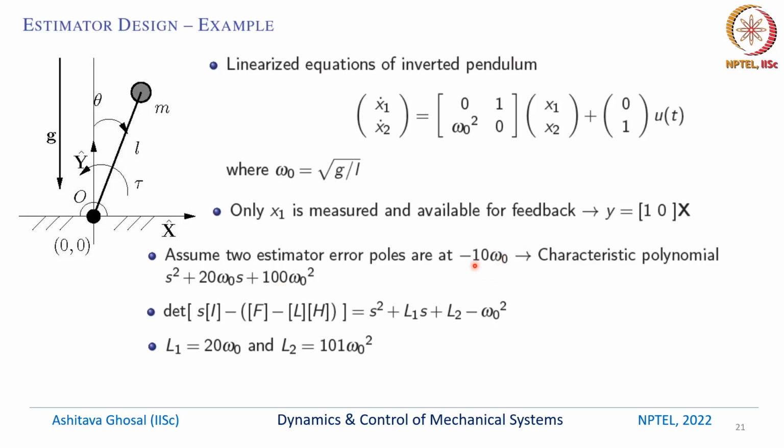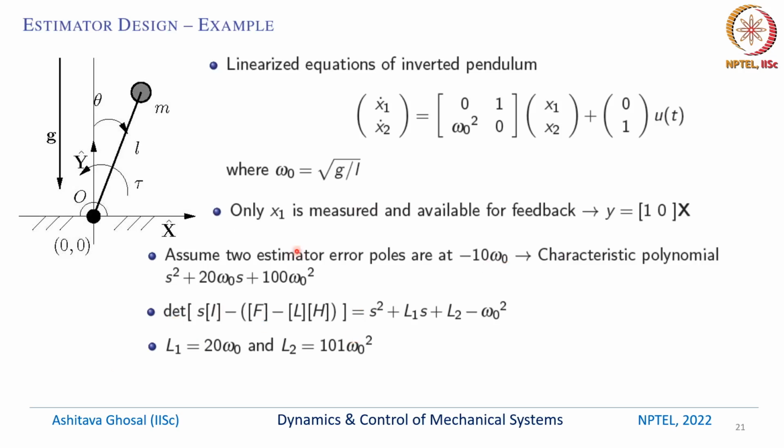So why did we choose 10 omega naught? Remember, I had said that the estimator should work faster than the controller. So the x hat should approach x quickly so that it can be used in the controller, which is u equals minus K x hat.